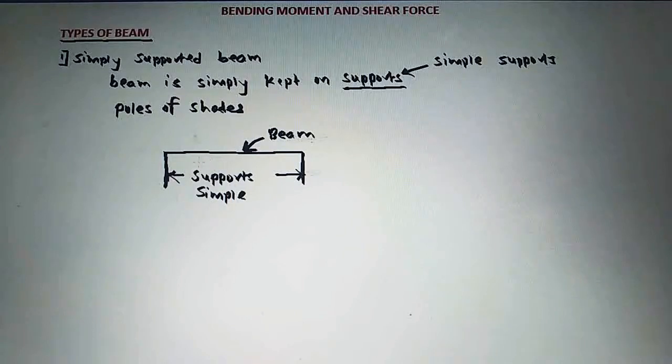Next point in this, as this beam is simply kept on these two supports, these two supports will oppose the weight of this beam. So when these two supports oppose the weight of this beam, they will offer the reaction.